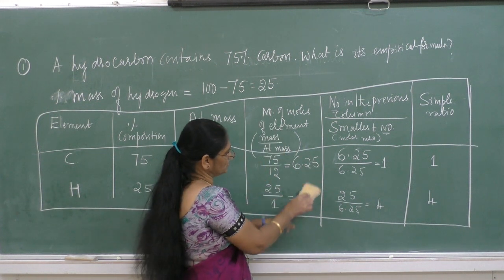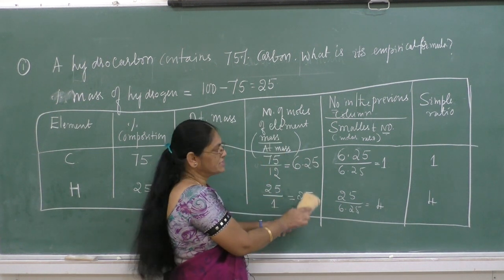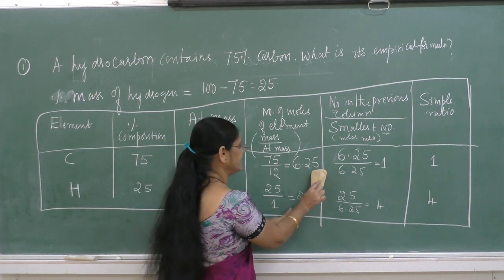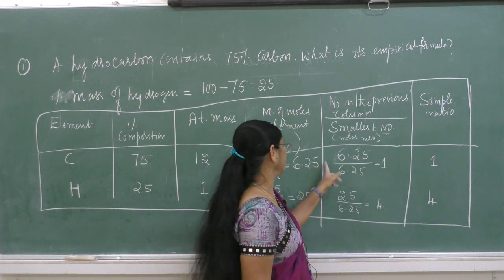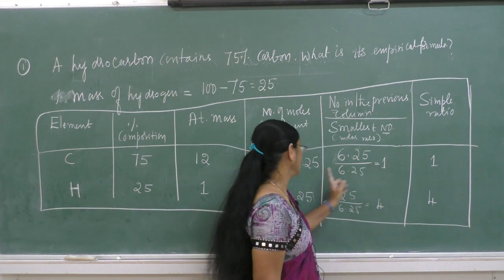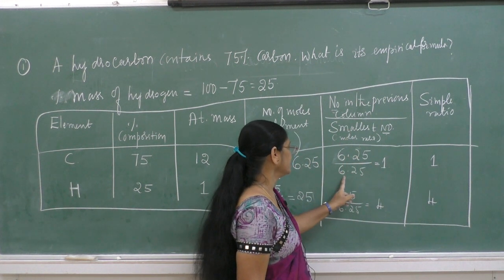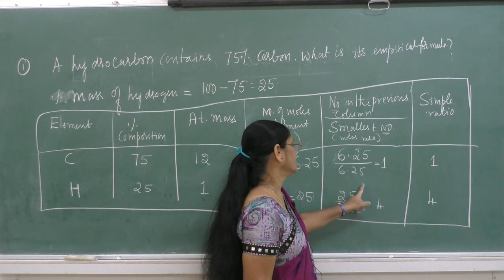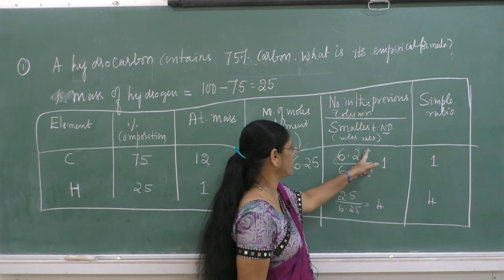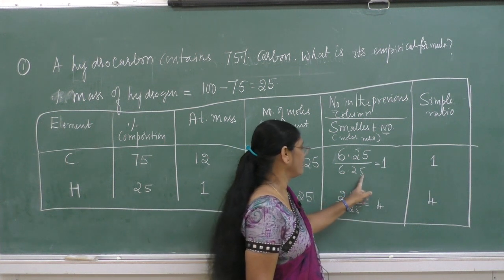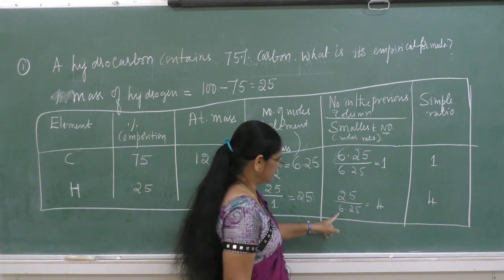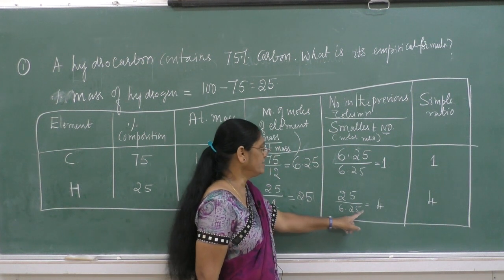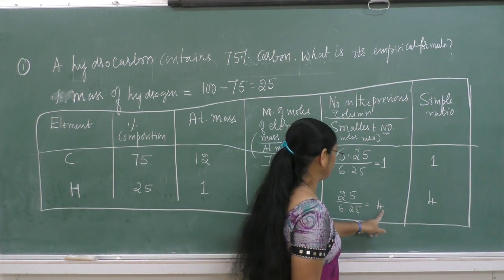So among these two values, which is the smallest number? That is 6.25. After dividing 6.25 by 6.25, this is equal to 1. Then 25 divided by 6.25 is equal to 4.